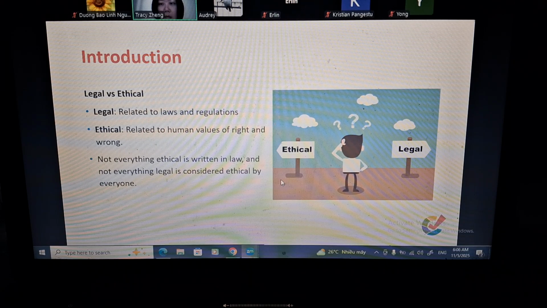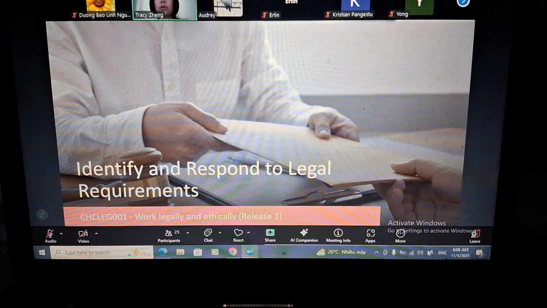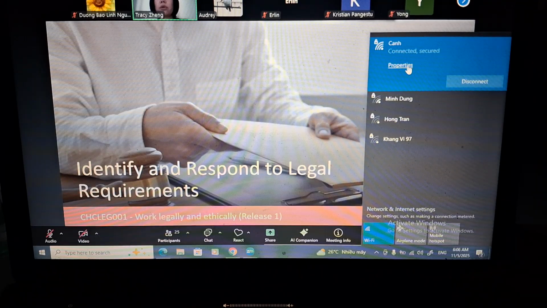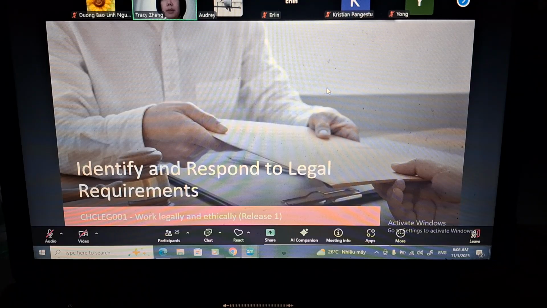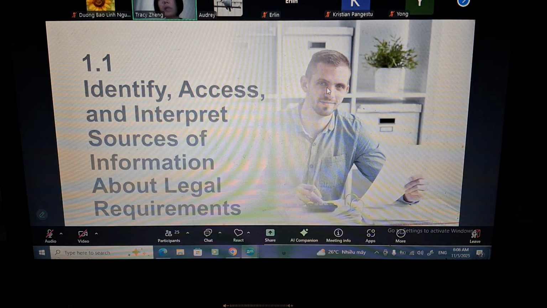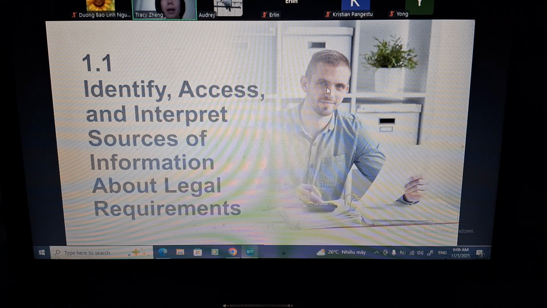So I can see that you guys do remember some of them, right? We're going to discuss in a bit more detail to help you identify what the legal requirements are that you must understand. And before we start going through all of those legal and ethical requirements, we would firstly help you understand where you can get that information from.